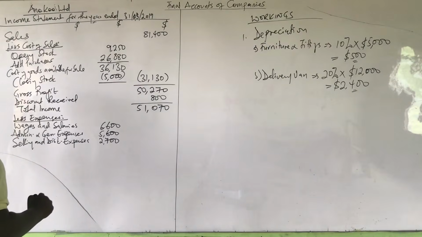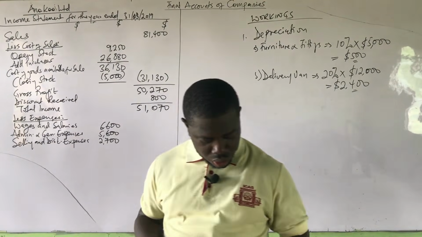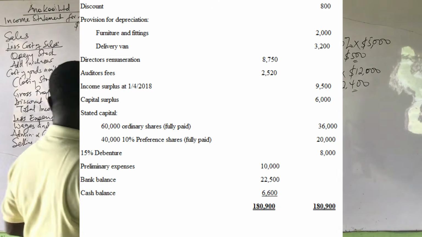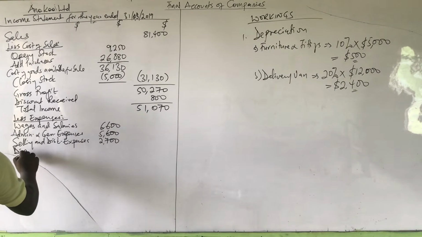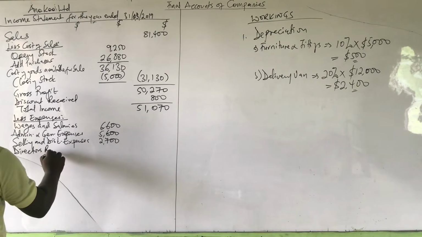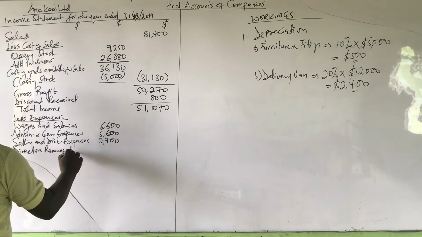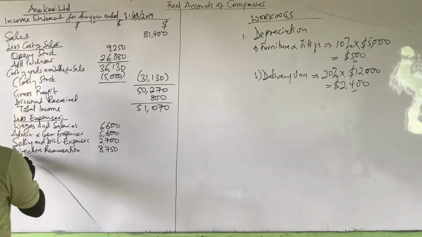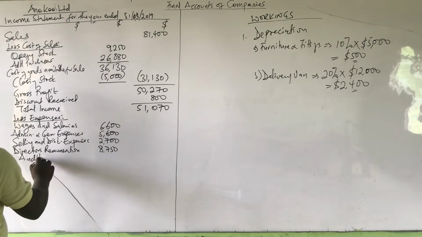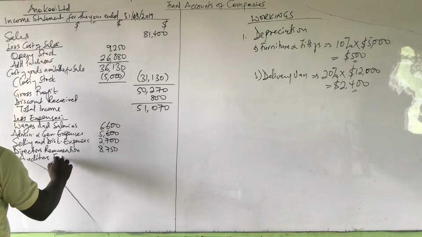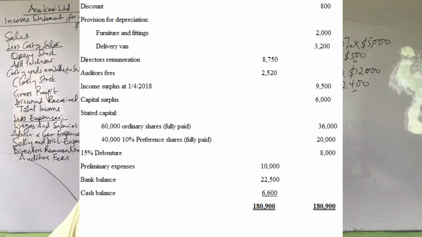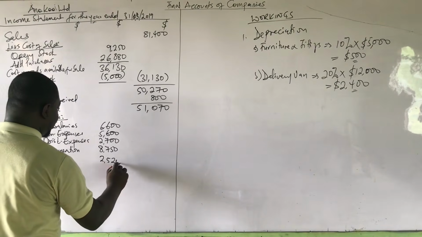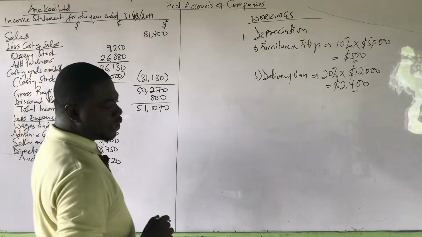And then remember there were some directors' remuneration and the auditors' fees. Directors' remuneration was 8,750. And then the auditors' fees were 2,520.